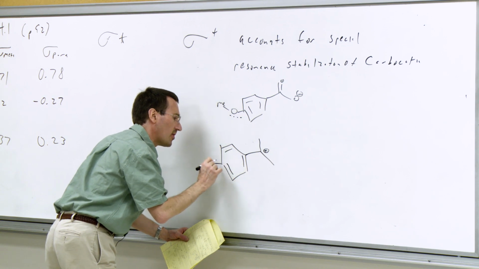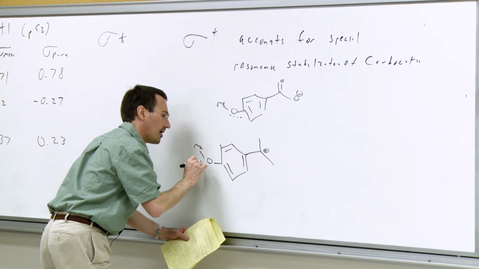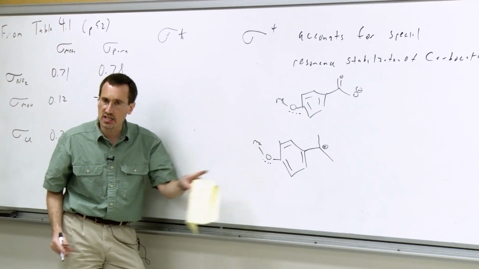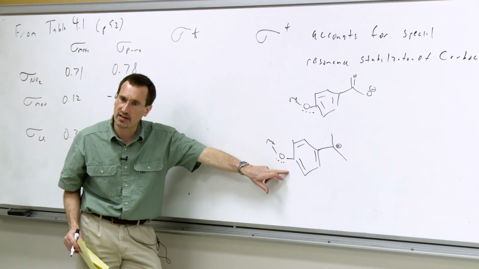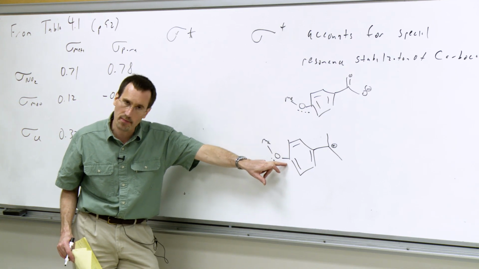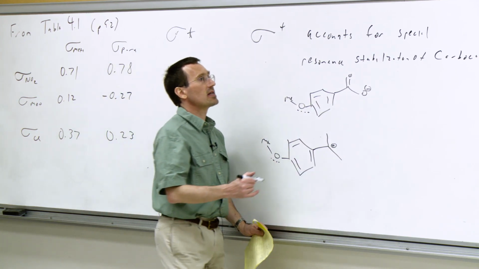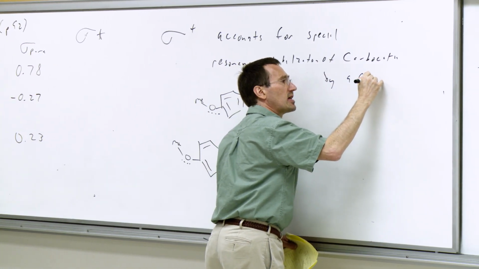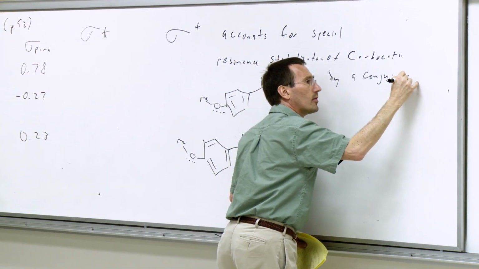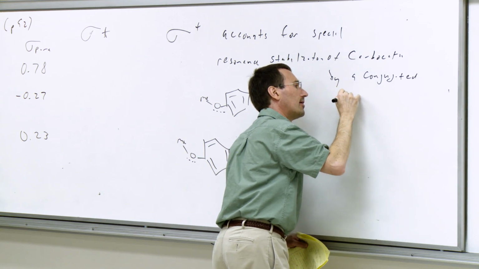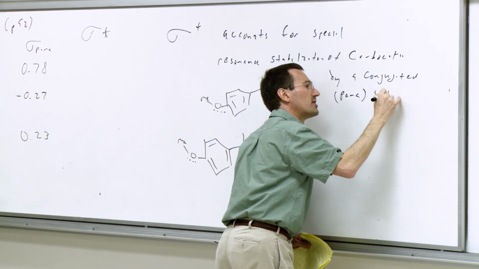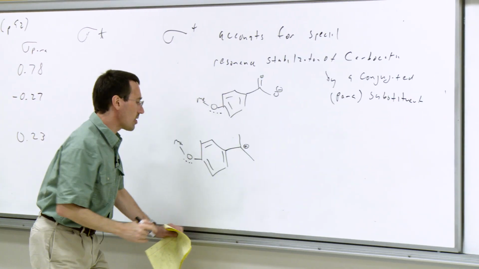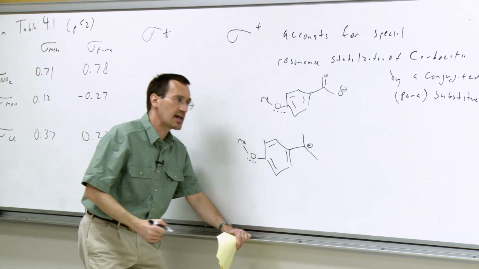So you have a carbocation here, and you have a methoxy group like this. You can get a special stabilization of that carbocation just from the paramethoxy, by a conjugated, which really means para substituent. So here we get this special resonance stabilization.